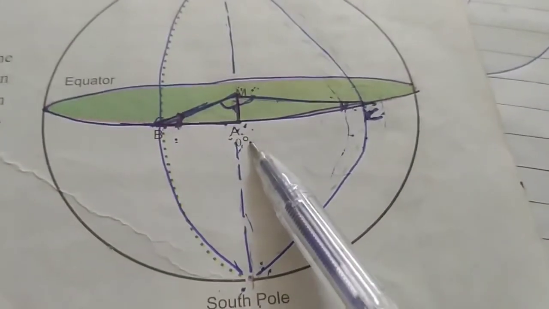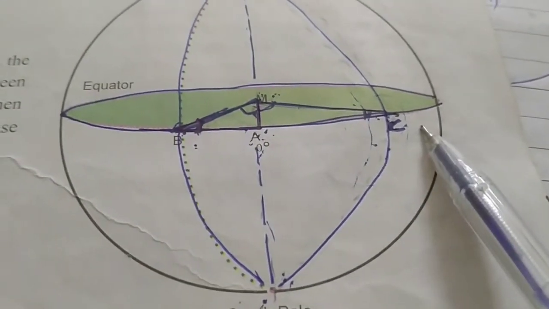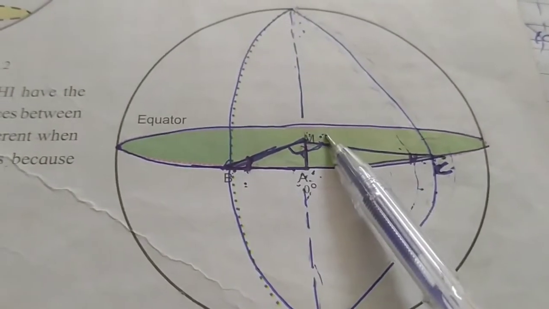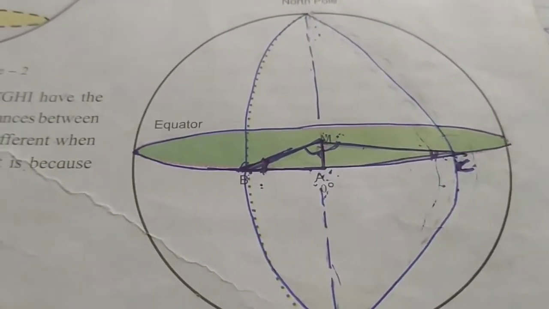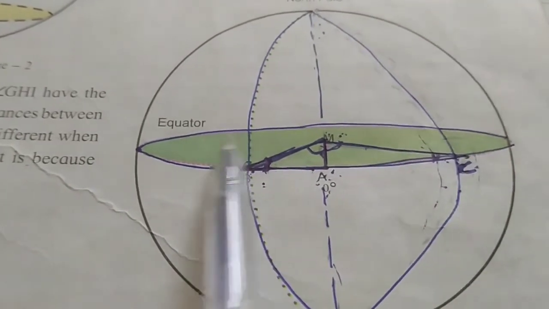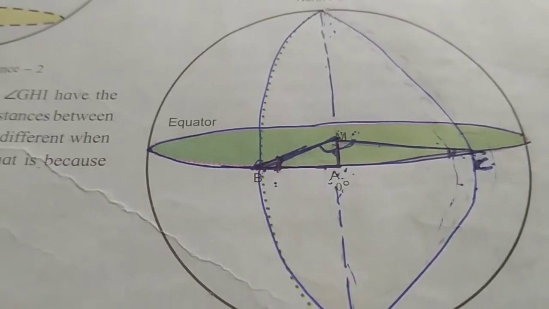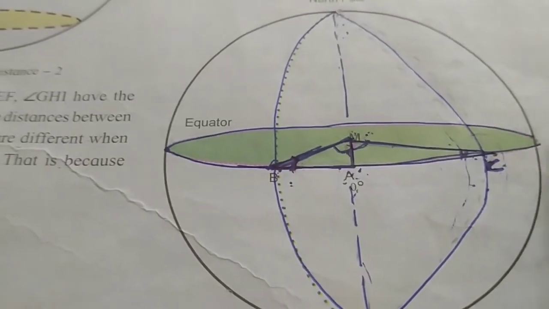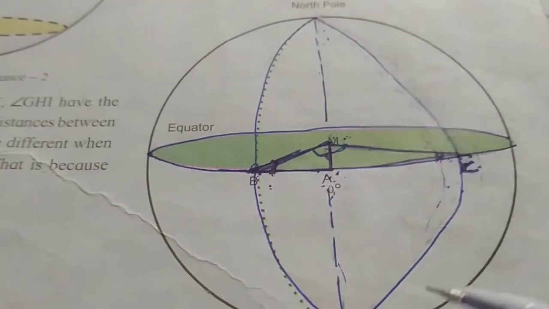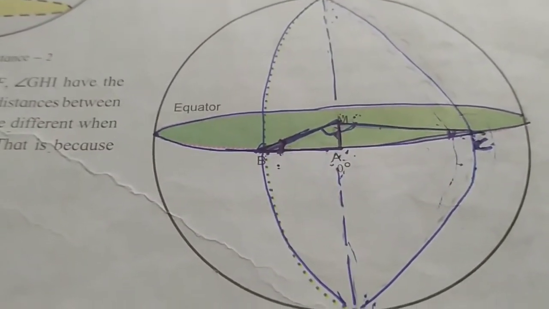Lines drawn from A, B, C make angles at M, which is the center of the earth, on the plane of the equator. On the plane of the equator, we can draw such semicircles. We can draw such semicircles at each degree.